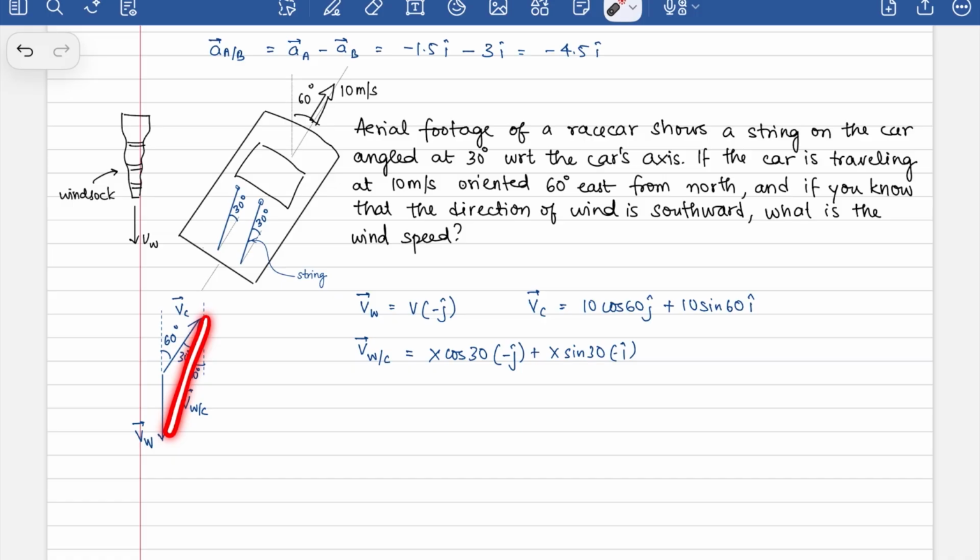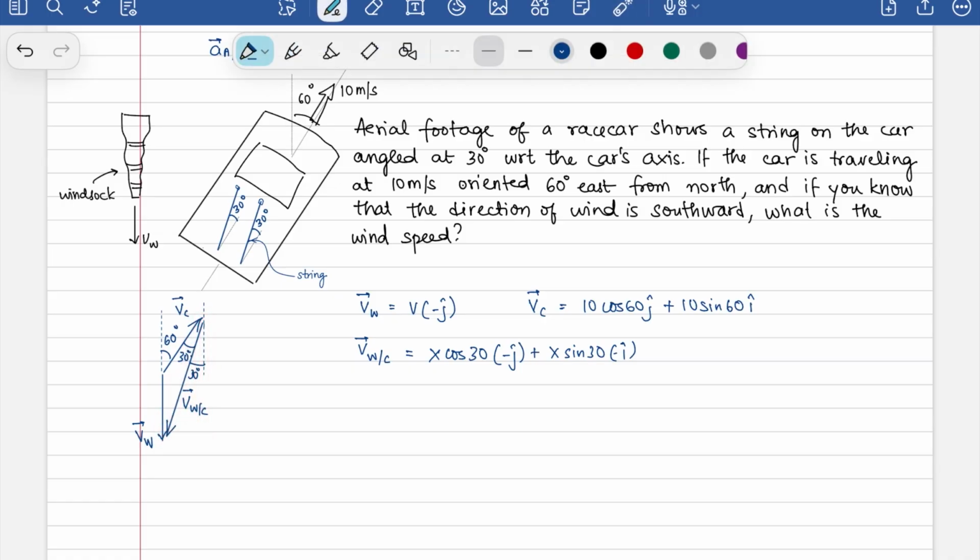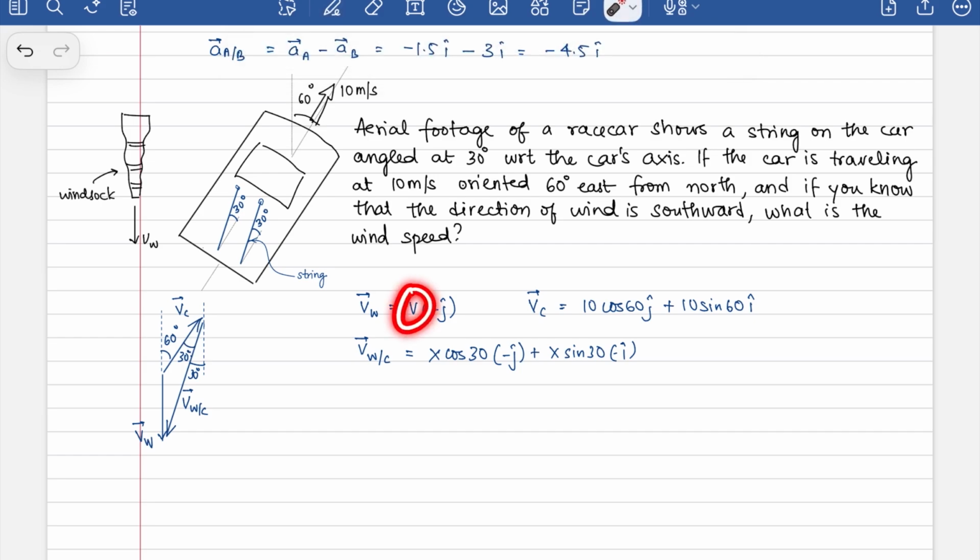So that is a component of this along this and along that. Okay, so at this point we have two unknowns, v and x. What are we looking for? We're looking for just this, but we may have to deal with this as well.